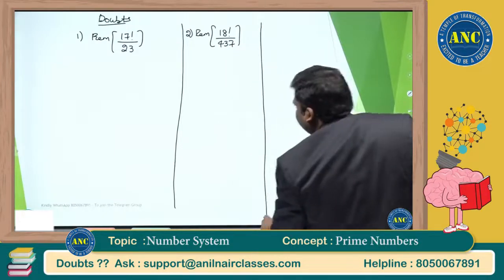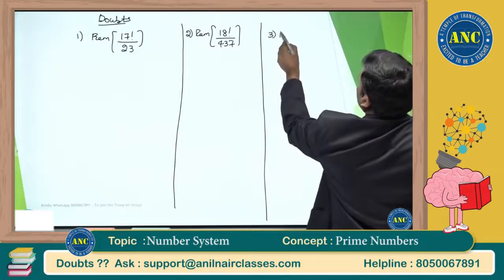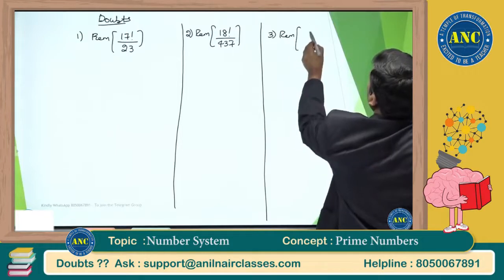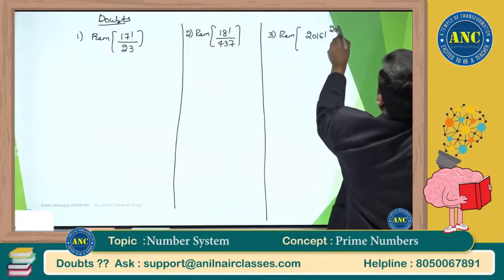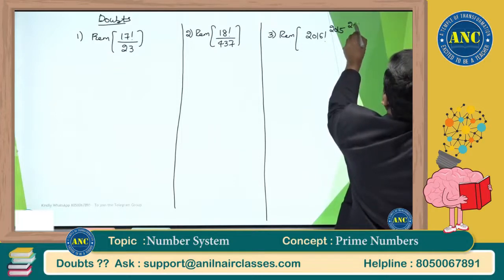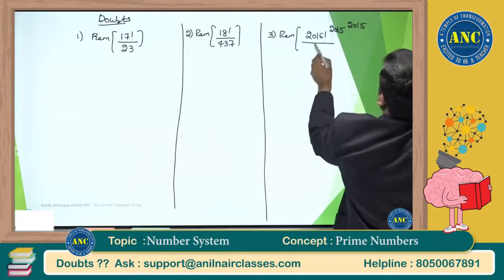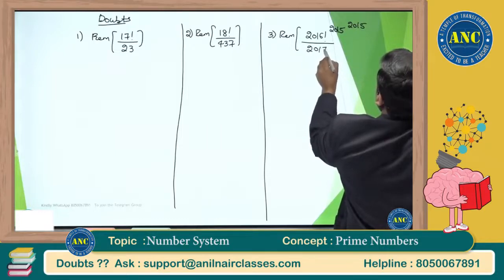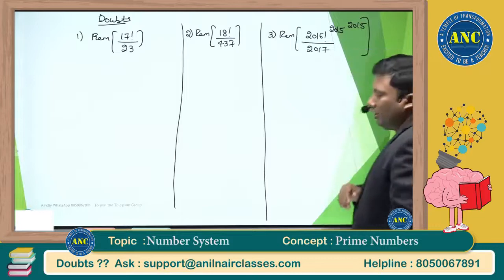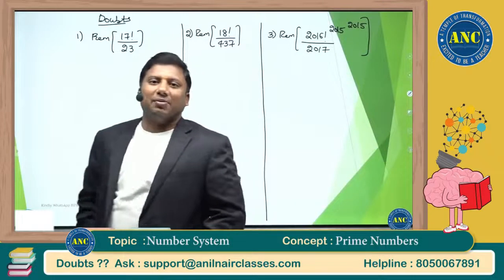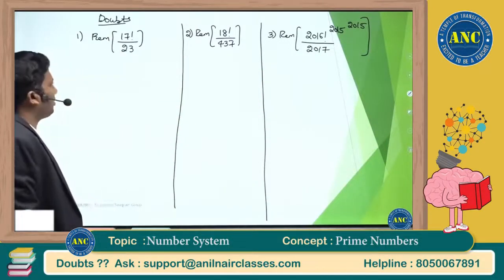Third doubt, sir, what if the question is like this: 2016 factorial power 2015 power 2015 divided by 2017. A student who is a repeater of the CAT examination has asked me these three questions.